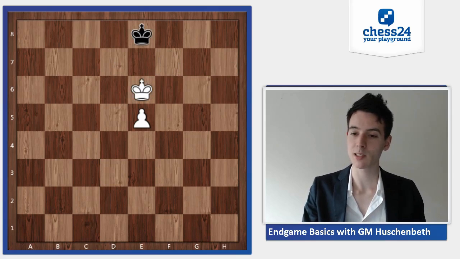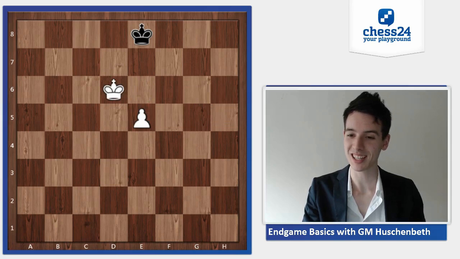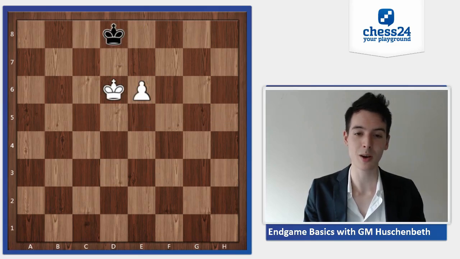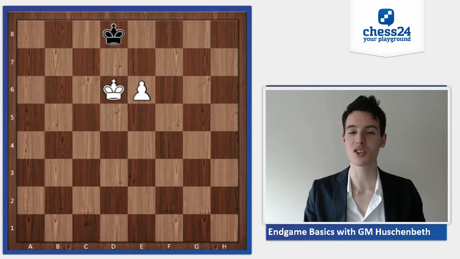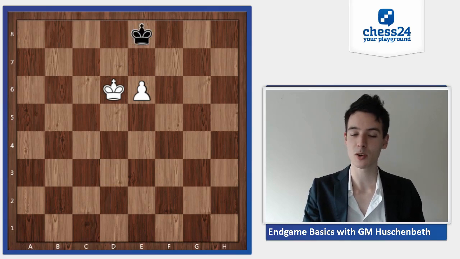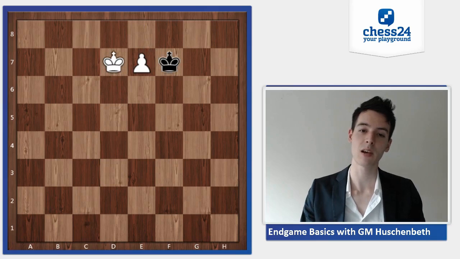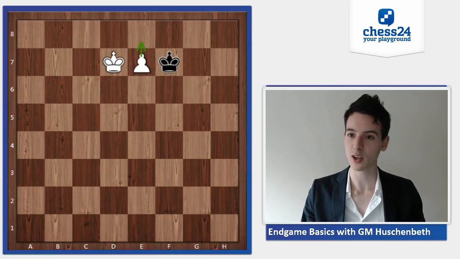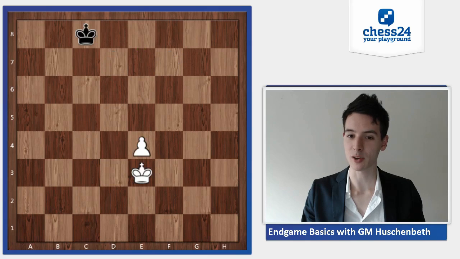But let's say it is white's move, and it is actually. So king d6. Now black is keeping the opposition, but now white can also keep the opposition by just pushing the pawn, and now black has to give it up, go to the side, now e7, and now it's not stalemate. Black has to play the king here, king d7, white is promoting in the next move. Alright, so let's go to the next example and see how this turns out.